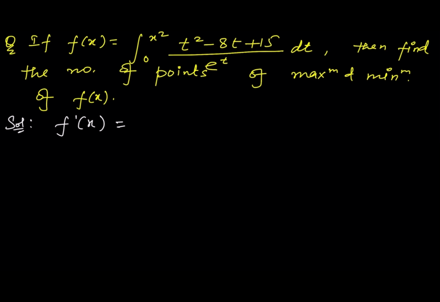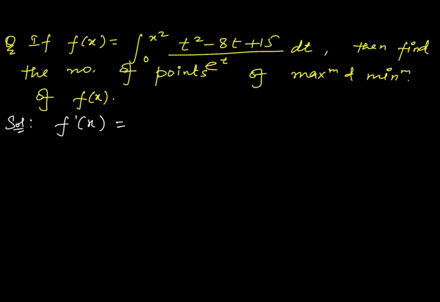And what does it state? It states that you have to place the upper limit in place of t and multiply by the differentiation of the upper limit, minus, then you place the lower limit in place of t and multiply by the differentiation of the lower limit.